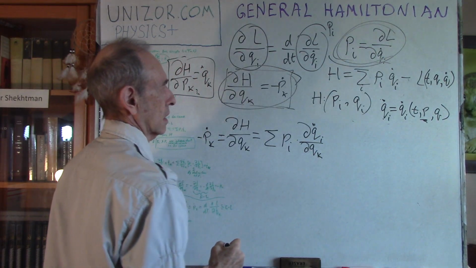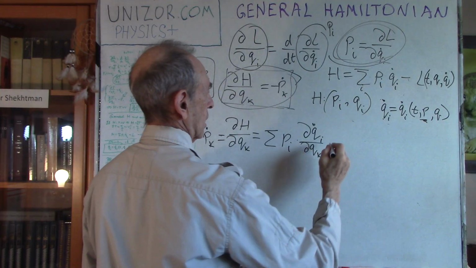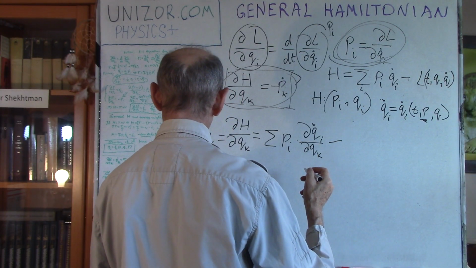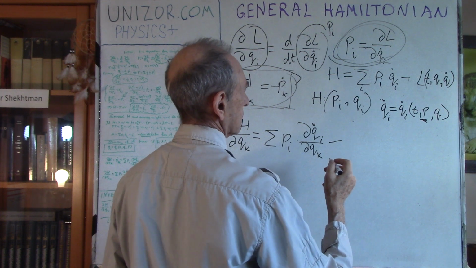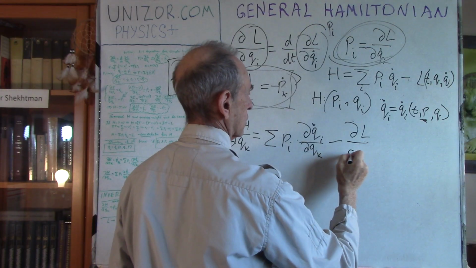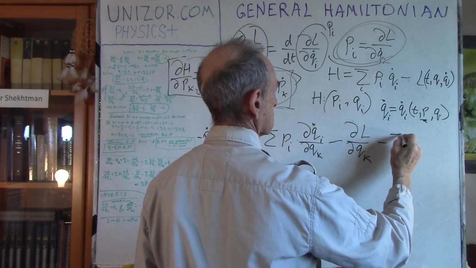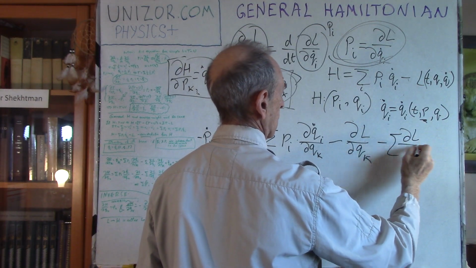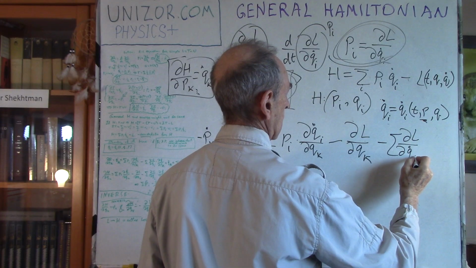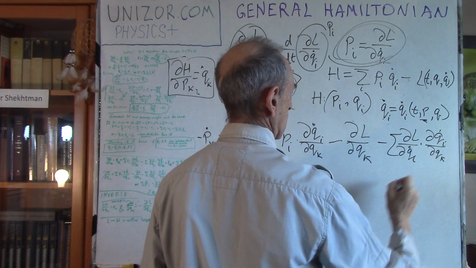That's what it is, because p is constant, independent of coordinate, minus, and here we also have the same thing basically, dL by dqk and minus sigma dL by dqi times dqi by dqk. Same thing, right?